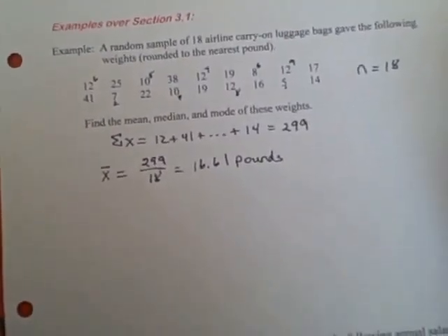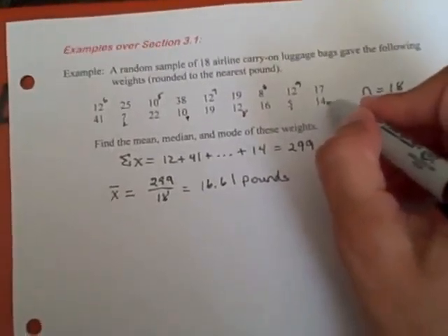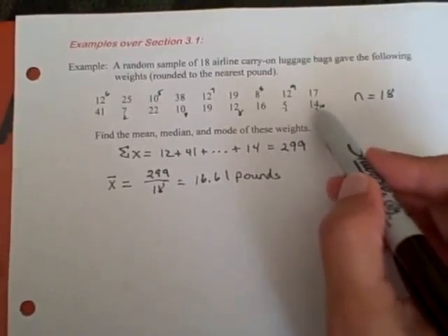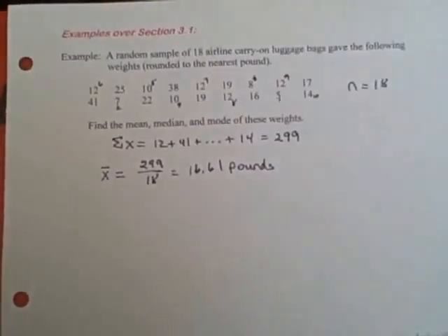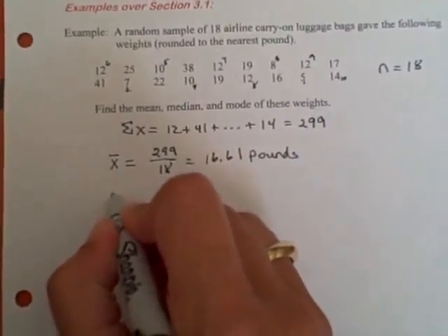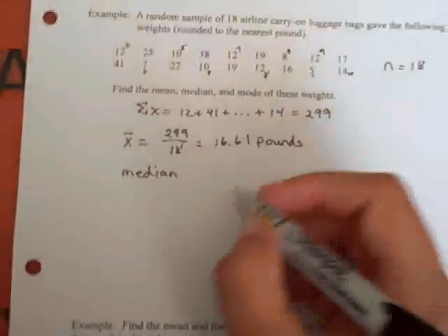We're up to the 12, and looks like 14 would be the 10th one. So somewhere between 12 and 14 is the median. Well, exactly in the middle is 13. That would be the median. And you could certainly tell me that. That's easy enough to do in your head.